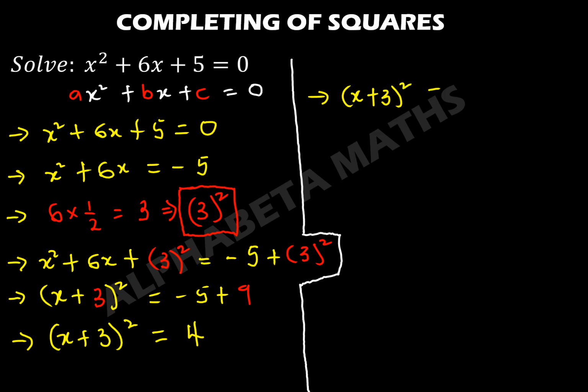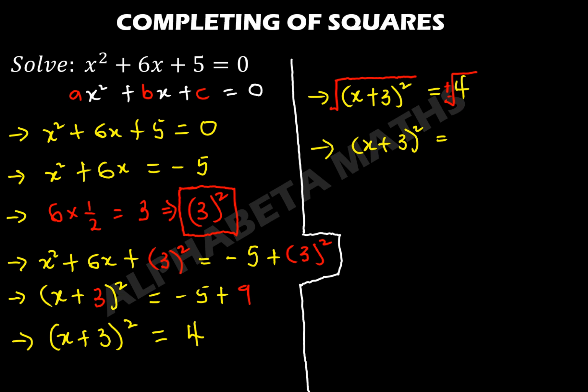Now at this point, we are going to take the square root on both sides. Anytime you take the square root on both sides, the other side of the equation is going to yield two values. So we usually write it as plus or minus the square root of 4.